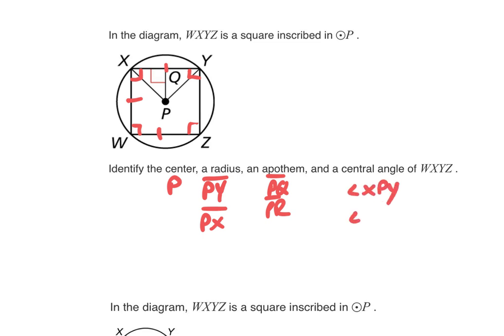I could say angle QPY. The important thing is that P must be in the center. Okay? XPY is probably the best because Q doesn't go all the way to the edge of the circle, but that's okay. It's still at the center, it's still at P, so it would still work. But XPY is probably the best in that case.